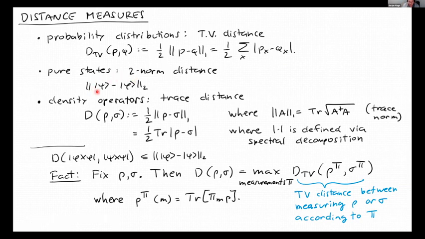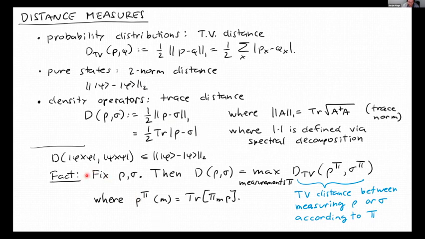Since pure states are vectors, we could certainly also talk about the two-norm distance, but the right picture for talking about general quantum states is density operators, and there the trace distance is the right thing. This is maybe the most accessible definition here. It's a half times the trace of the absolute difference between rho and sigma.